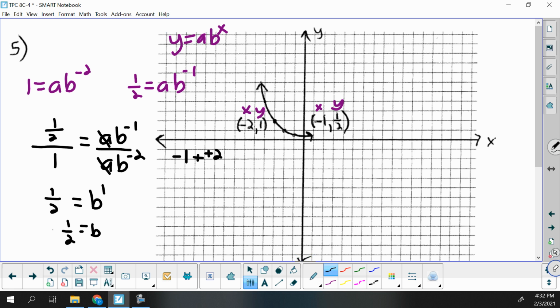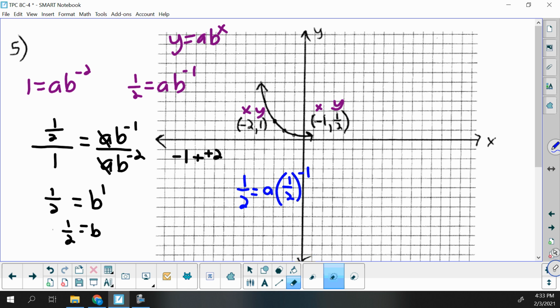Now here's where this is going to be a little trickier. We don't have one that's raised to the 0. If you can avoid negative exponents, you want to, but we can't avoid them here. They both have negative exponents. So let's sub in the right-hand one. We'll have 1/2 is equal to a times, we'll put in 1/2 for b to the negative 1.